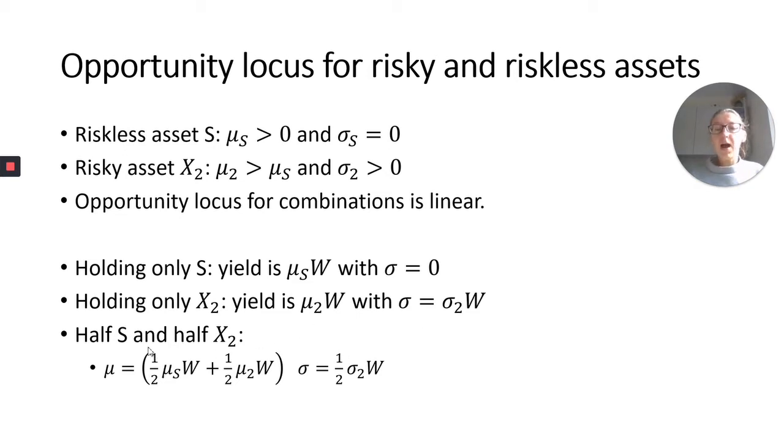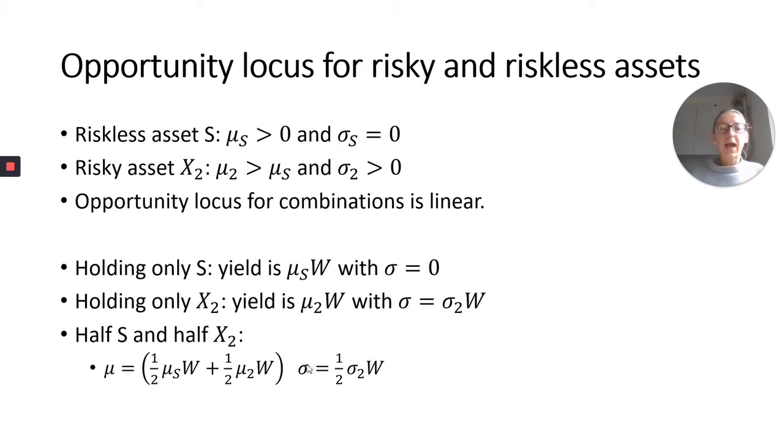If we have half of our investment in S and half in X2, we have a combined portfolio with its return equal to half of the return of S and half of the return of X2.